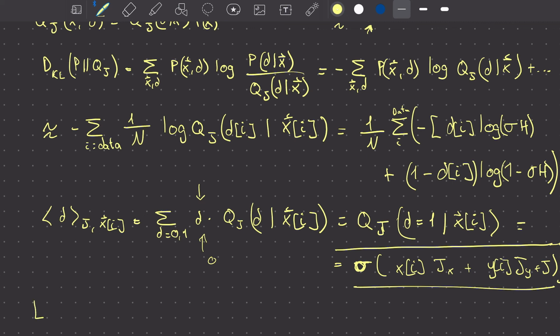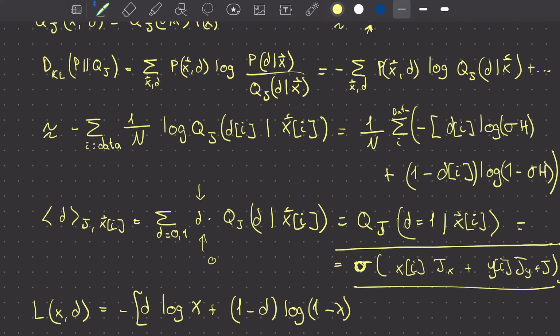So the cross entropy by definition is going to be d log x plus 1 minus d log 1 minus x. It's a very common loss function that is always used for this type of problem, and we want to minimize this error, because if the error is 0, then obviously the model is always making the right predictions.